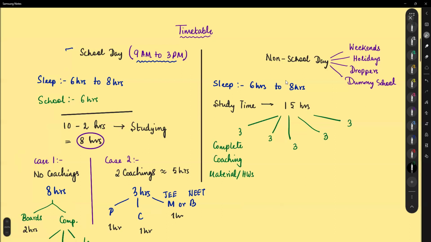That is your first priority of the non-school day. Revise coaching notes and read the school textbooks. Okay. Now you have 9 hours left. In each of the 3 hours, you give PC, M or B a time.